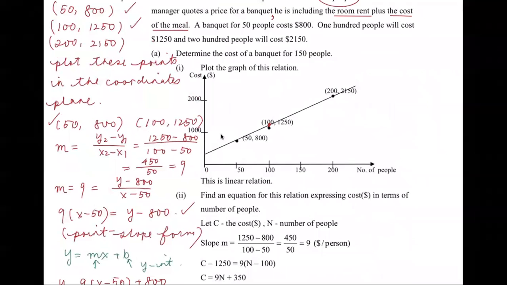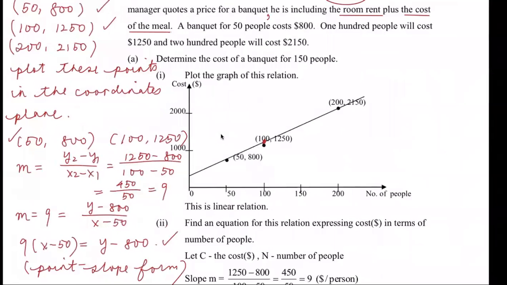Part A says determine the cost of a banquet for 150 people. What is this question really asking? We have the total cost, y is equal to 9x plus 350. What is x here? This is the number of guests, number of people.